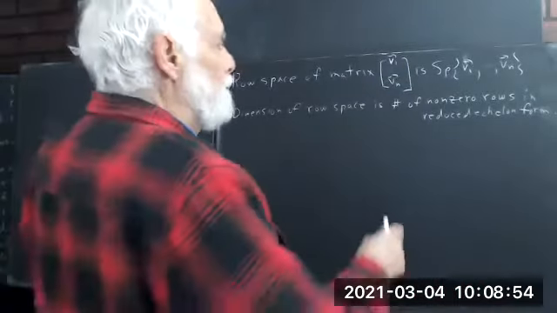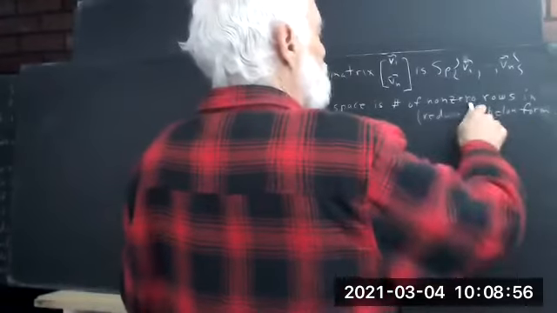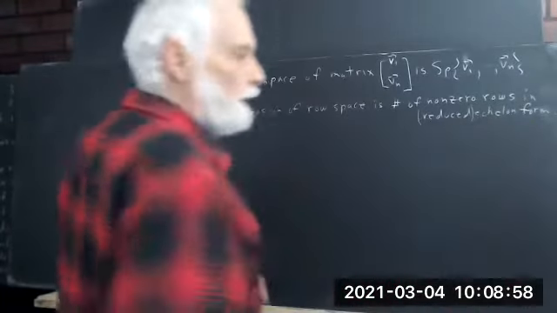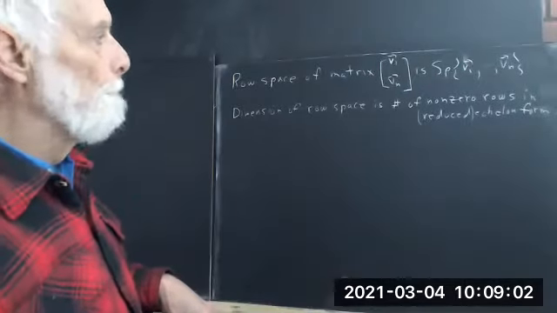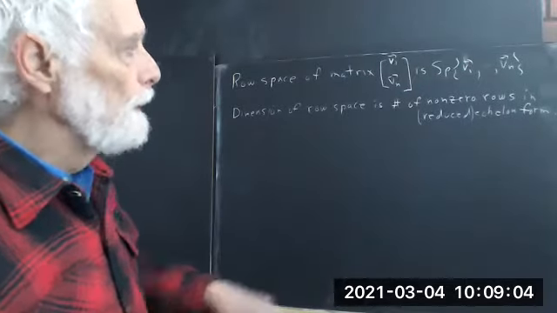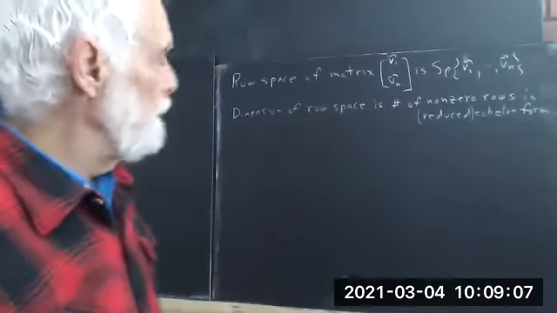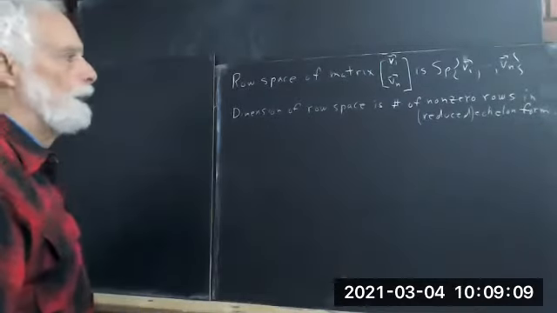Okay, and it doesn't have to be reduced, but we like the reduced echelon form because it generally gives us simpler vectors. And do we have all that? Yeah, it looks like we have it. Okay.